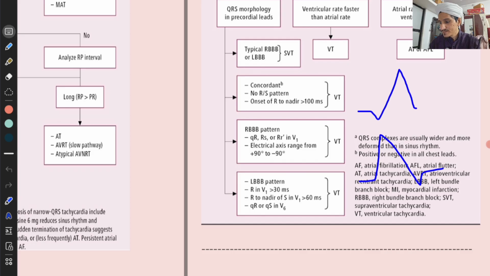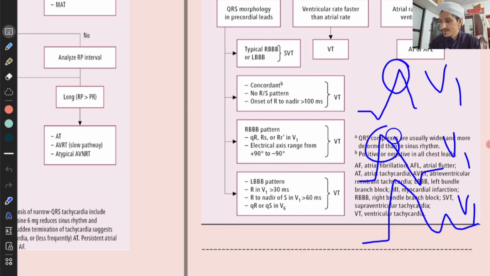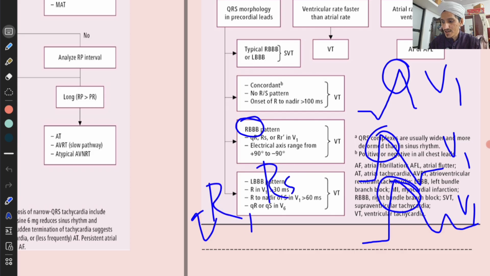Or it will be like this, R will be more and R dash in V1. So this is atypical RBBB. In all these, you are seeing the R is very much taller. So R taller RBBB, either QR or RS or R dash.